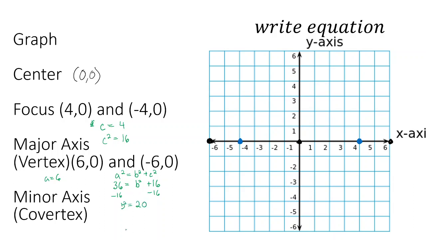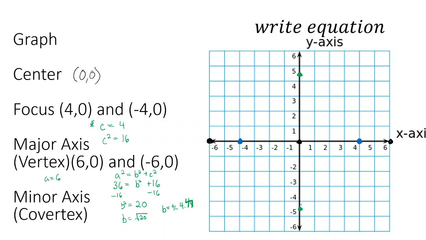I don't really need it. Well, no, I do. b equals the square root of 20, which I believe we did already. I just don't have that memorized like I did the other one. 4.47. I should get it memorized. b equals plus or minus 4.47. So about 4.5. So that means I'm going to go up 4.5, down 4.5.